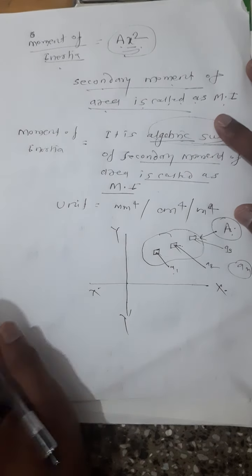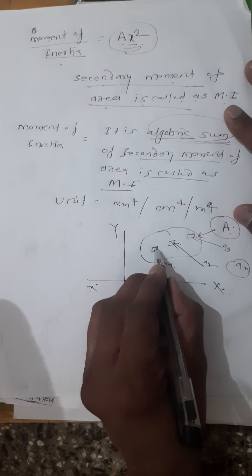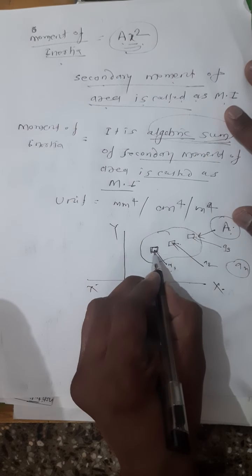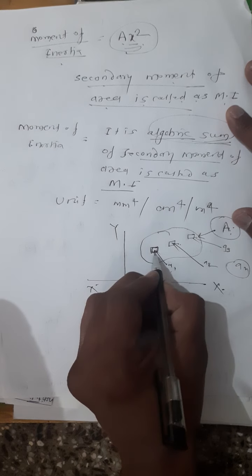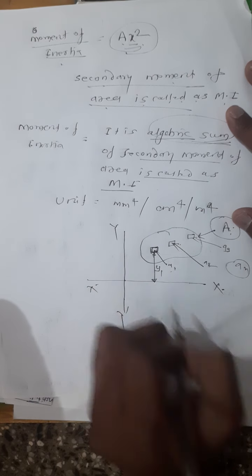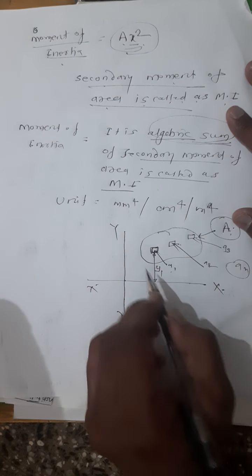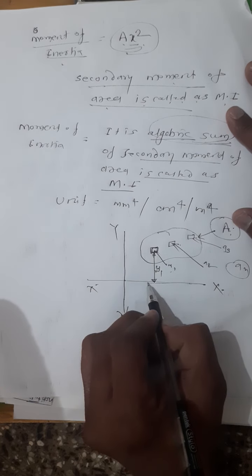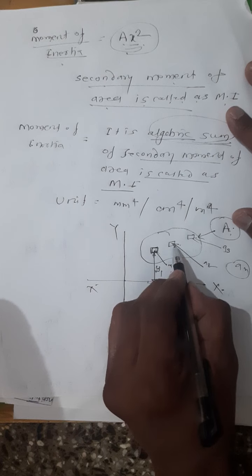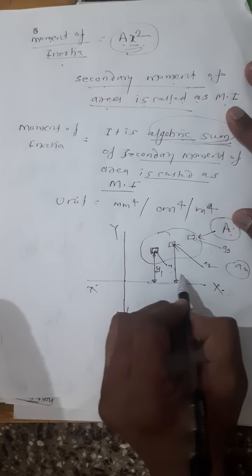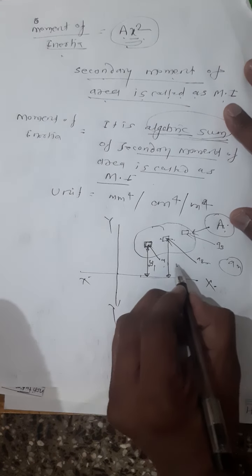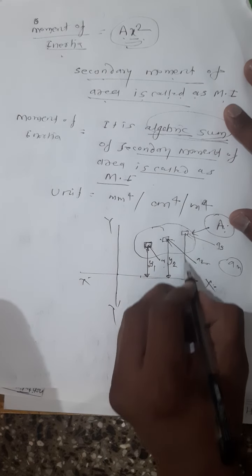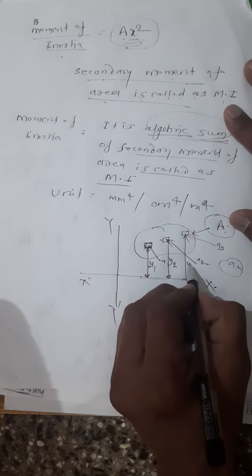So this area a1 is going to take a moment about this x axis, represented by y1, because a1 y1 is the distance of this elementary area from the axis. Then the second area a2 has a distance from the x axis, y2. Then the third elementary area has a distance y3.